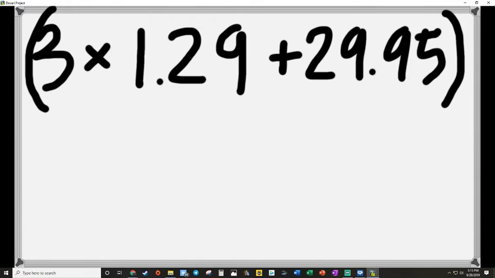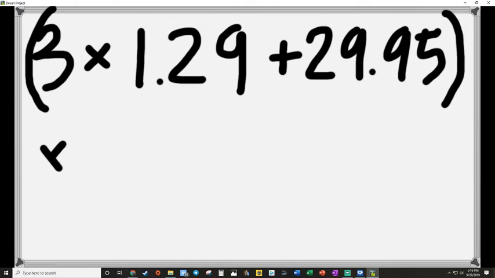Now we've got to multiply it by the tax, which was 8%. Now before we can do that, we'd have to change 8% to the decimal 0.08.